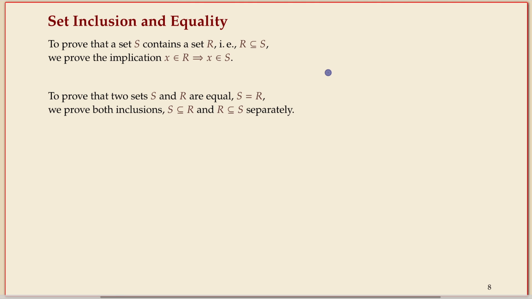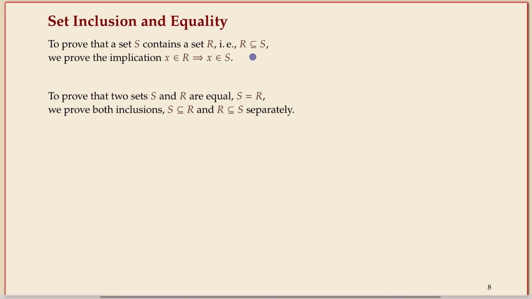Apart from combinations of logical statements, we'll often talk about sets and other kinds of mathematical objects that reduce to sets at the end of the day. And one of the simplest is we can have a set of some objects S and another set R, and we may want to prove that R is a subset of S, right? You know this symbol, I hope.